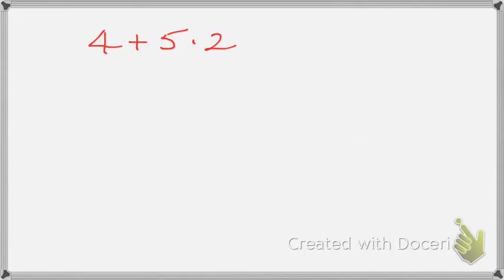I can do 4 plus 5 is 9 times 2 equals 18. I can also take 5 times 2 and get 10 plus 4 and get 14. So I can get 14 or I can get 18.